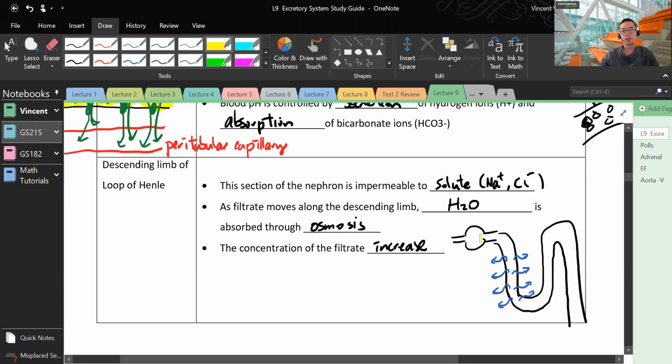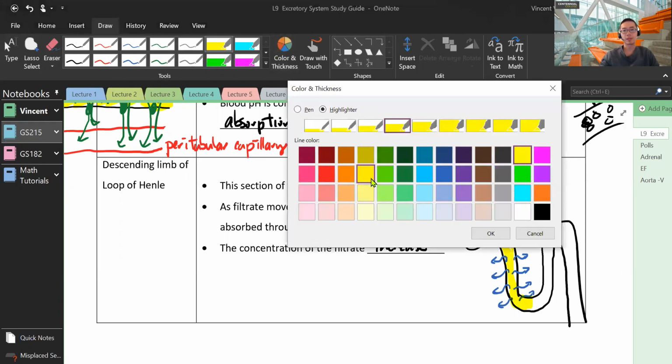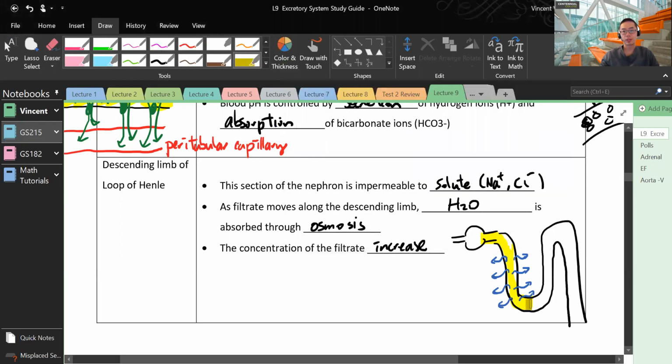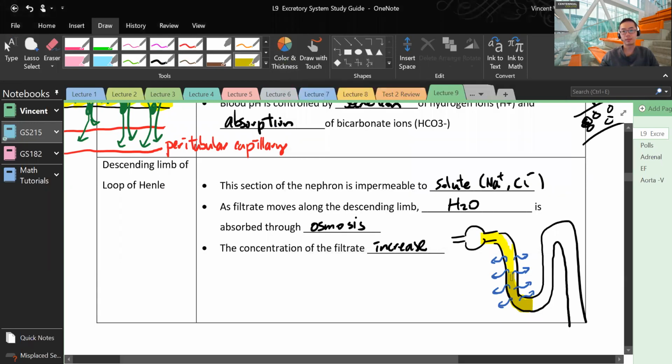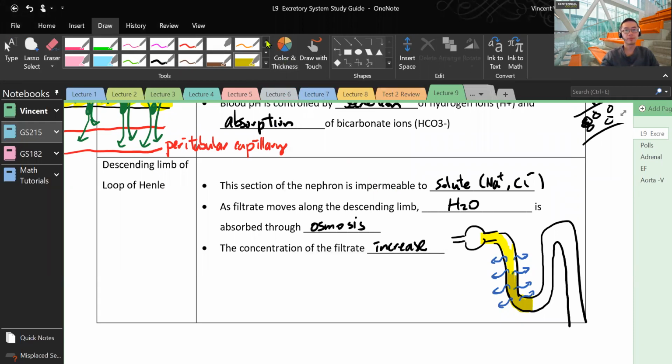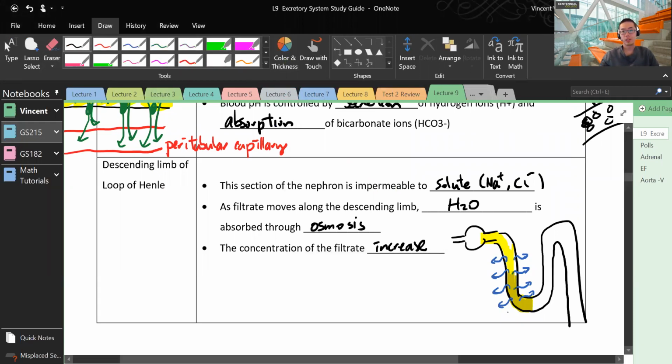So as the filtrate goes down, the concentration will go up. I'm going to use a darker color to show that, like that. The concentration will be the highest at the bottom, so highest osmolarity.